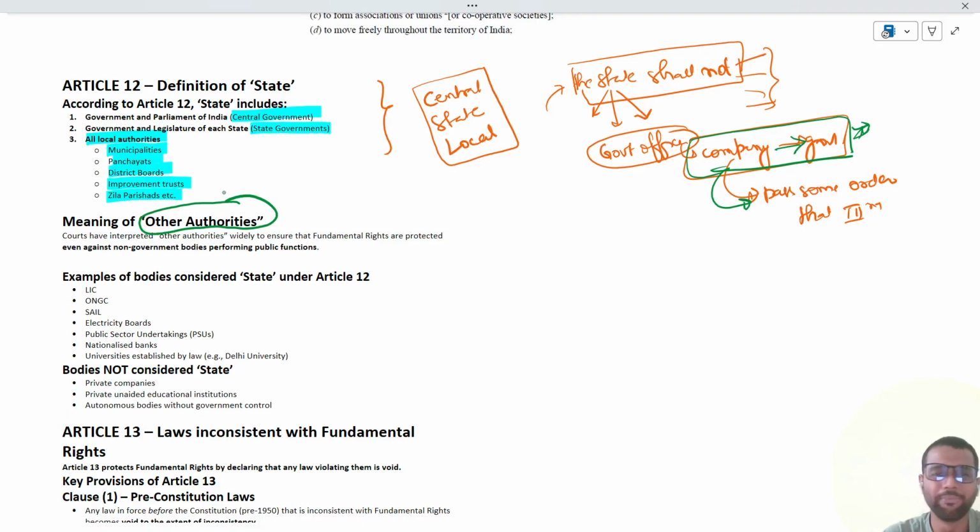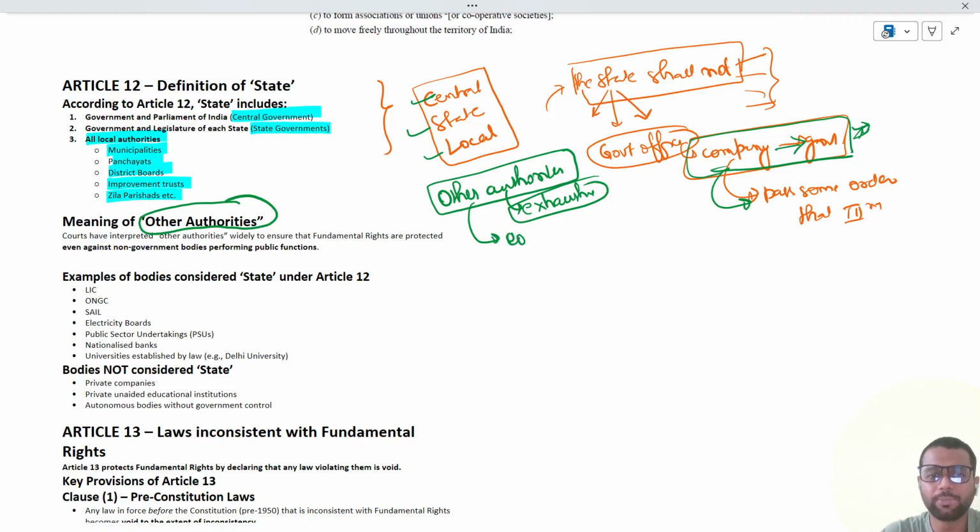So under Article 12, not only the central or the state or the local government, but we have the other authorities as well. And the term other authorities is not exhaustive, it is open to the interpretation of the court.